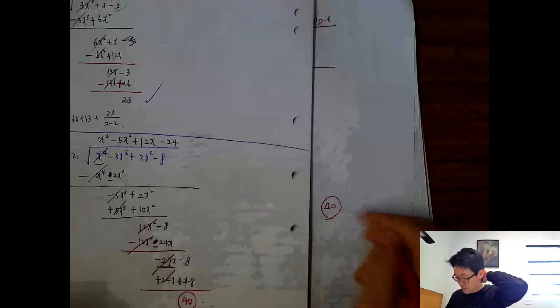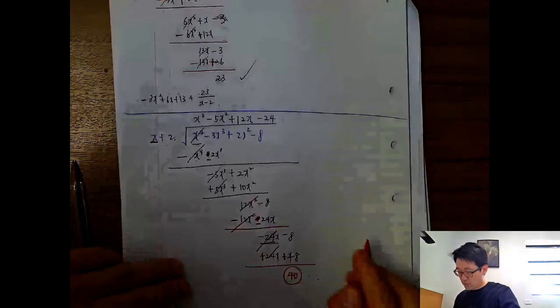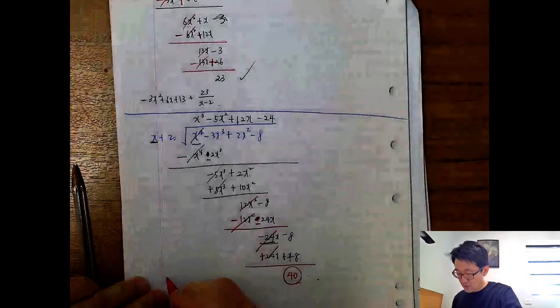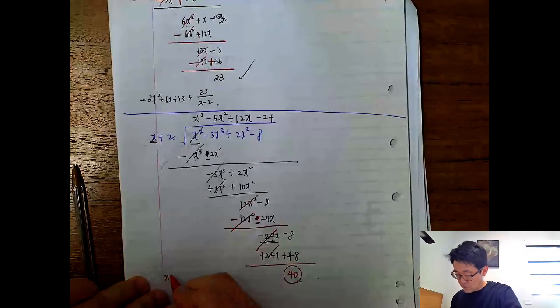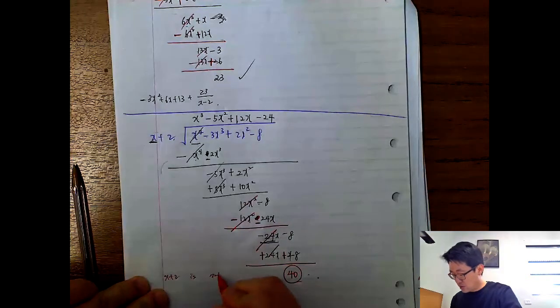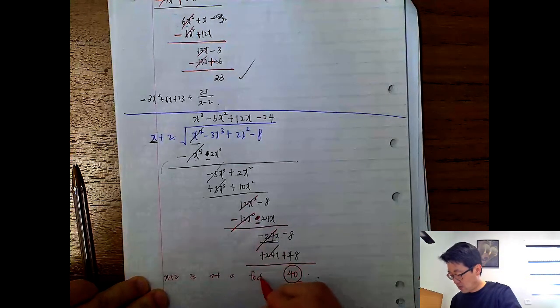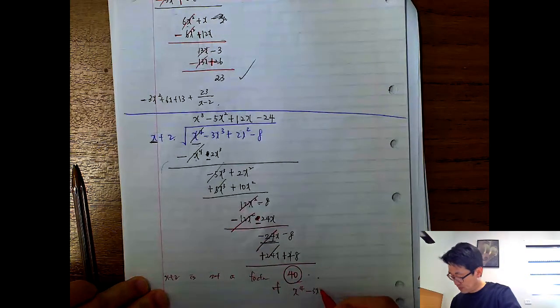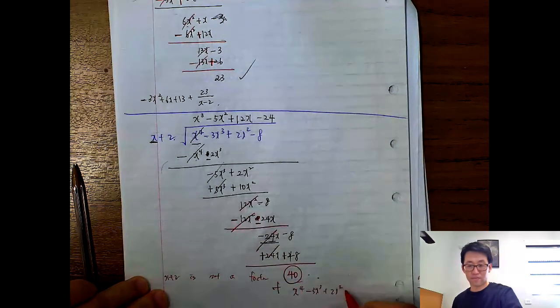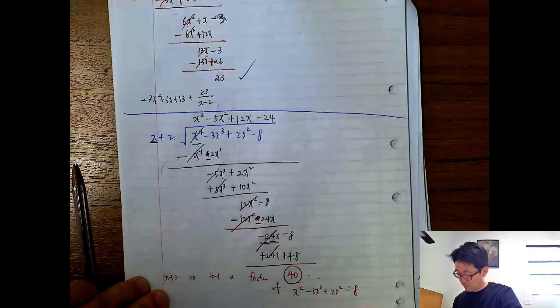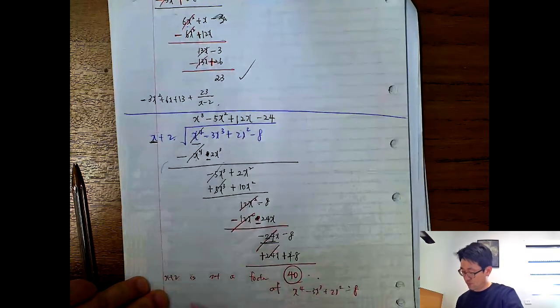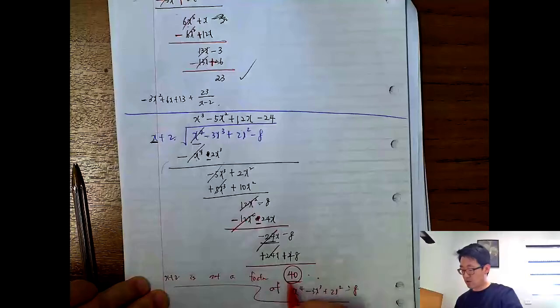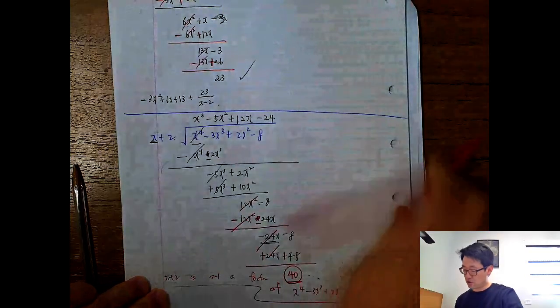Should be 40. Yep. So therefore, x plus 2 is not a factor, since the remainder is not 0.